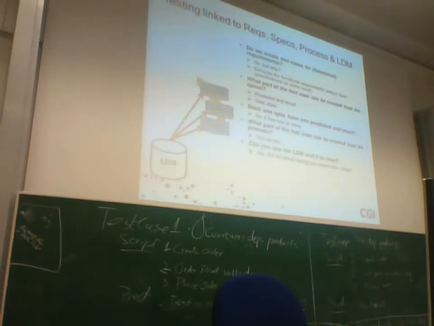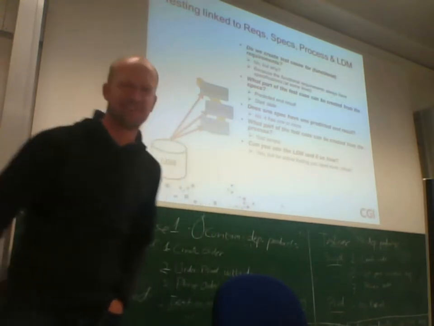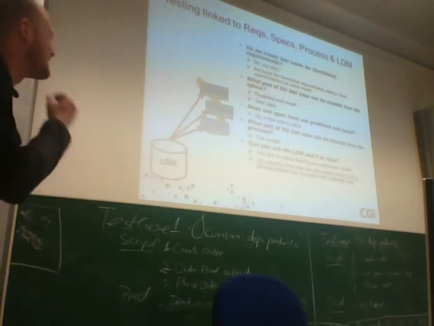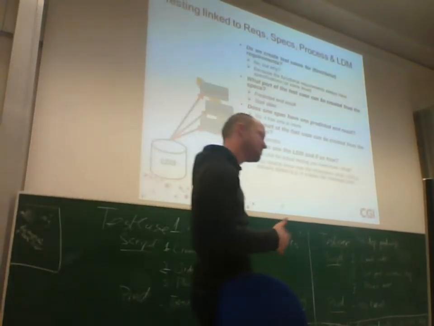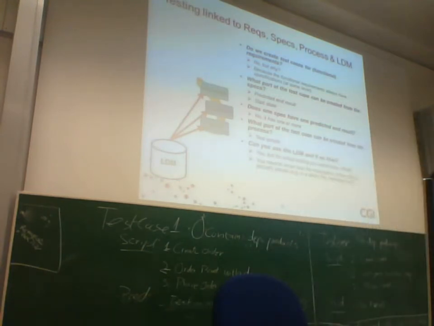When you're actually testing, you need more than just a logical data model. So what more do you need? Information model testing. Yes, well read. The logical data model does not say how the information is actually stored.